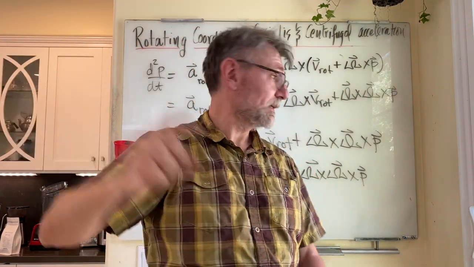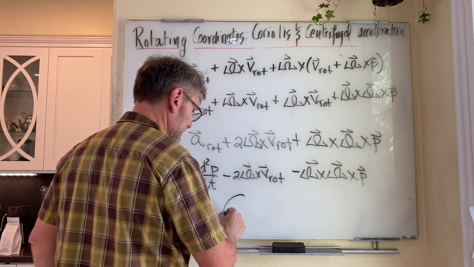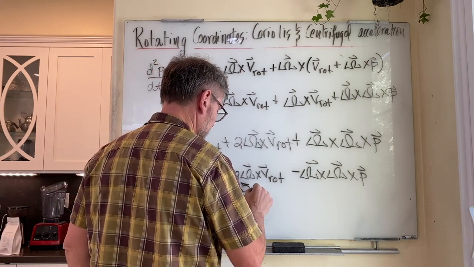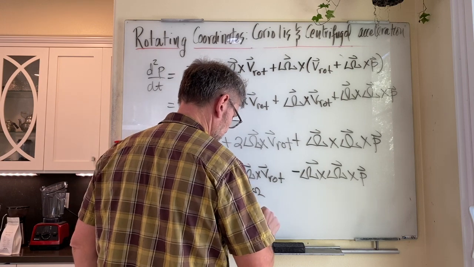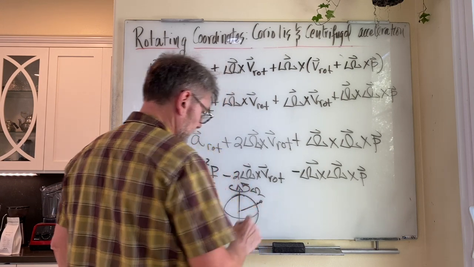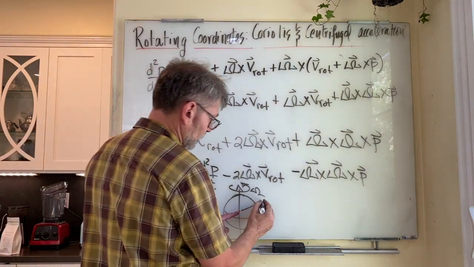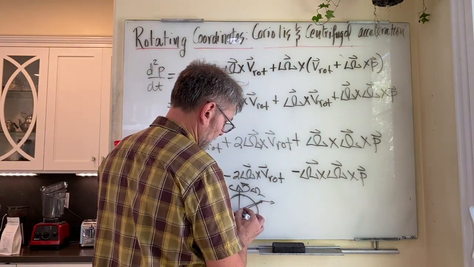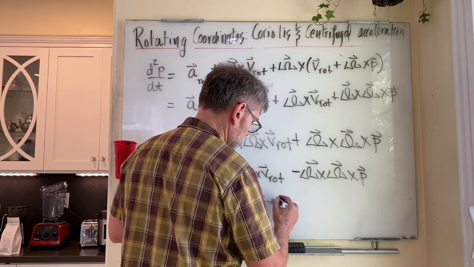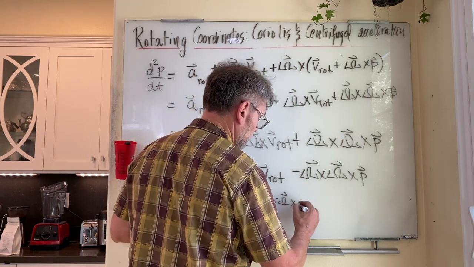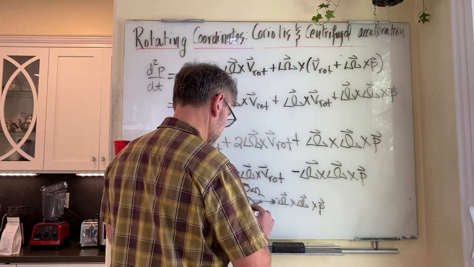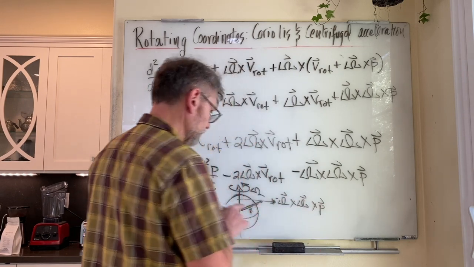If this is the Earth, and omega is going this way, we have a point, and this is the center of the Earth, I have a point out here. The centrifugal force should be pointing away from the axis of rotation. It should be pointing out here. Minus omega cross P, and this is the vector P. Should be pointing out that way.